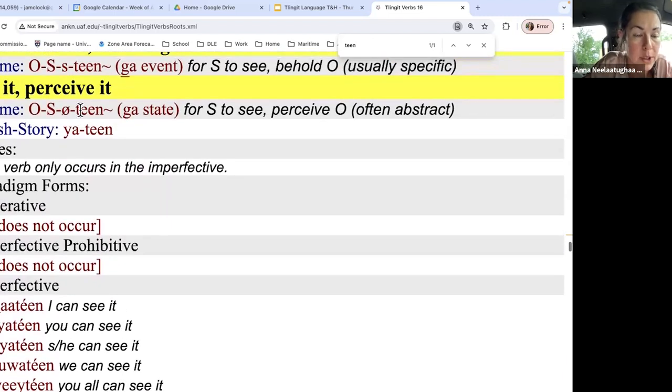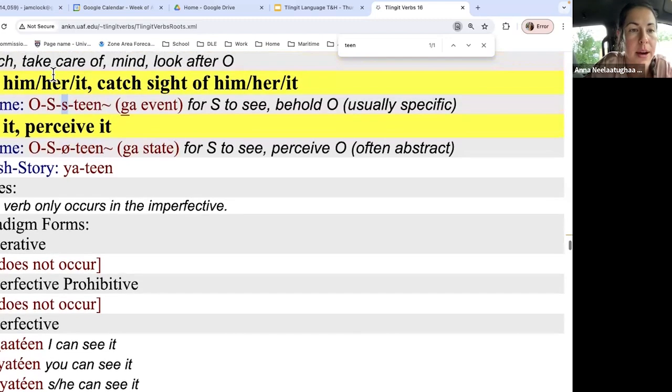If you're starting to get curious about where you put which person, then you can look here at the theme, and basically you have the root. If you have a lowercase letter, like in this case, there's a zero marker there, meaning you don't make a sound. Up here, there's a lowercase s. If you see a lowercase letter like that, it means you pronounce that sound.